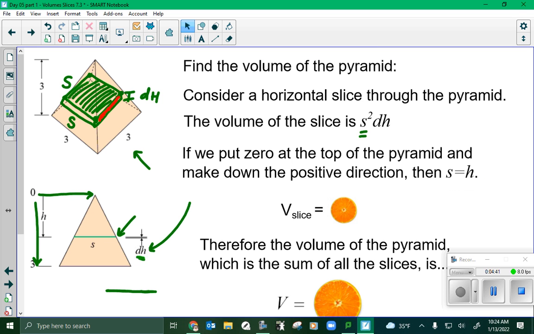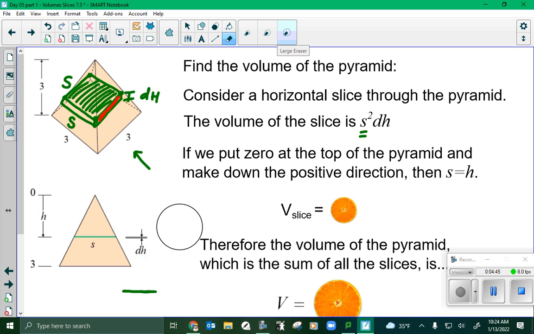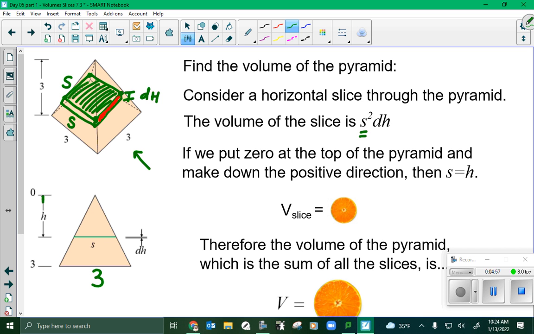then S equals H. What does that mean? Okay, and really, it's good to understand the problem to cover this, but if you were really solving this problem, we wouldn't need these in-depth details and information. However, notice that this base is 3 and this height is 3. Remember, it's perfect, the dimensions, just like a cube is.